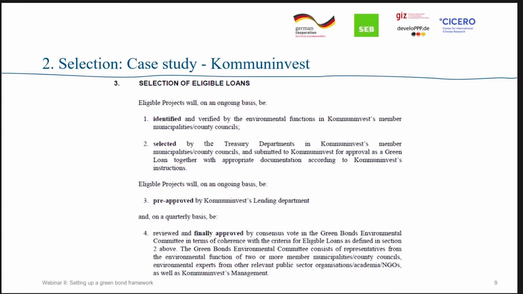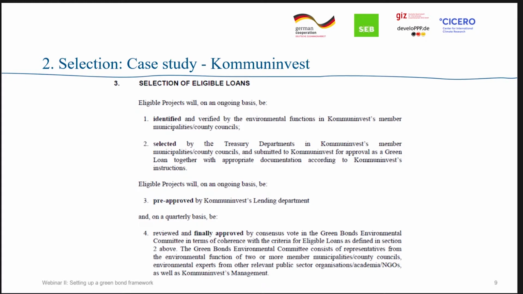Applications that have received a pre-approval will then be reviewed and finally approved in consensus by Communinvest's Green Bond Environmental Committee. The Green Bond Environmental Committee consists of representatives from the environmental function of 2 or more member municipalities, county councils, environmental experts from other relevant public sector organizations or academia, from NGOs, as well as Communinvest management.